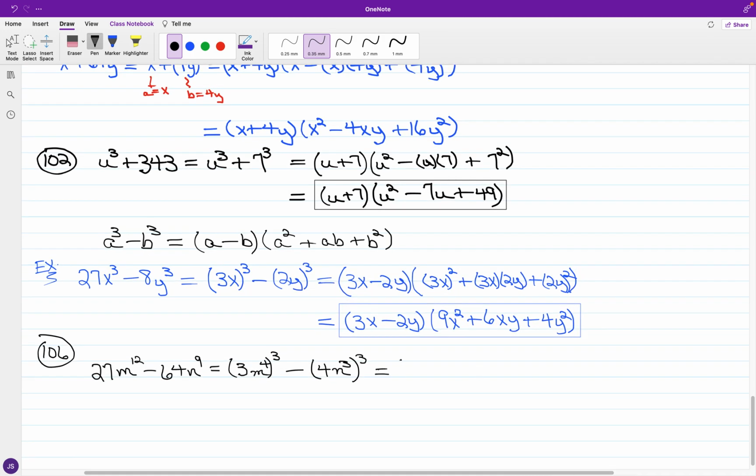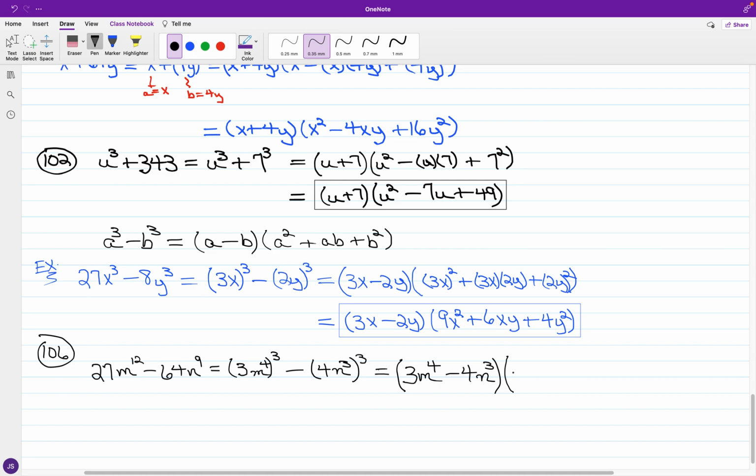So for a minus b, we have 3m to the 4th minus 4n cubed. And if you can see the squares and all that in advance, that's fine. But you've got a at 3m to the 4th.